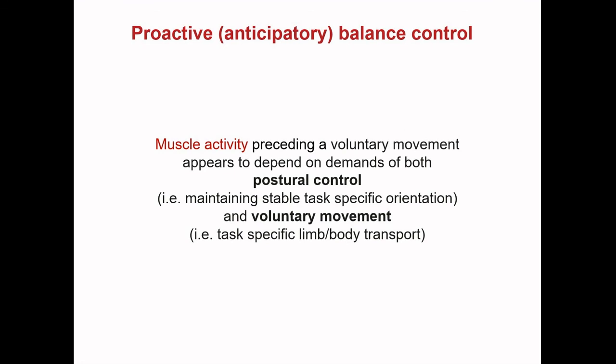The take-home message of this research is that the muscle activity preceding a voluntary movement appears to depend upon the demands of both postural control and voluntary movement. Postural control refers to the task of maintaining a stable, task-relevant body orientation. Voluntary movement refers to the task-appropriate transportation of the body from one posture to another.